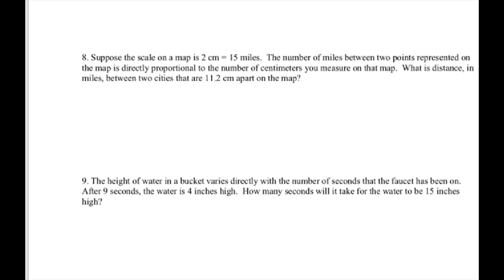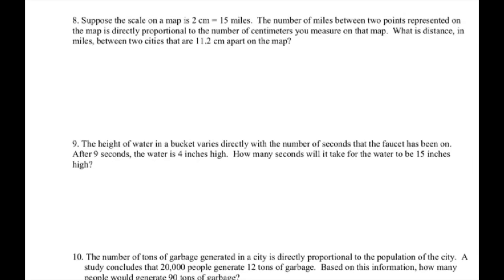Okay, so now we're going to look at these last ones, which will look very familiar, very similar to how you guys did these in junior high school. They're very easy. It's the same thing, even a little bit easier actually. So if we look at example 8, it says, suppose the scale on a map is 2 centimeters, which would equal 15 miles.